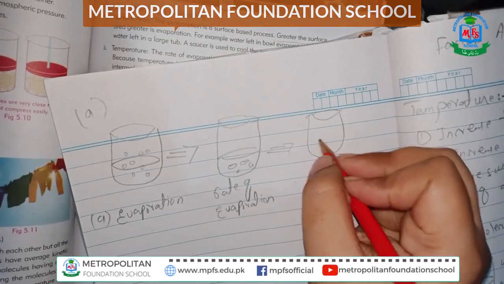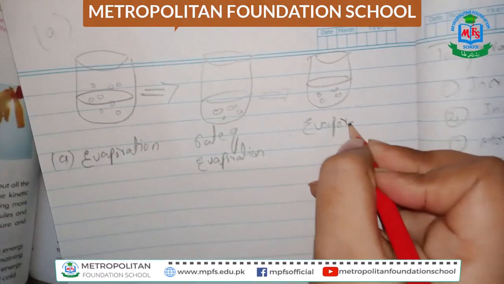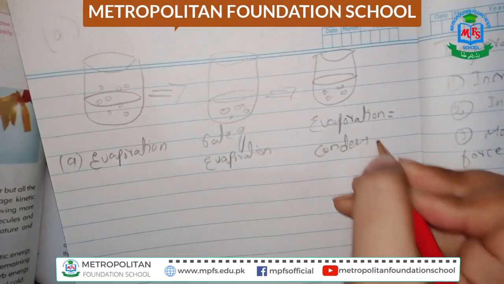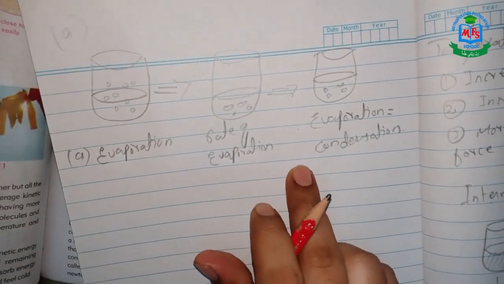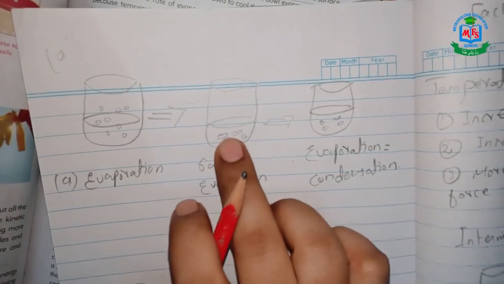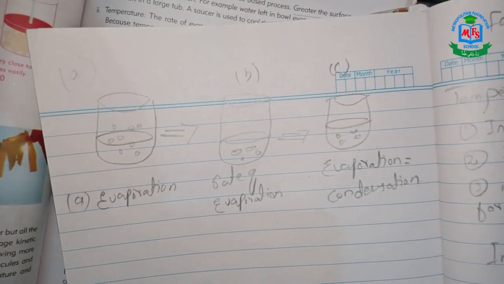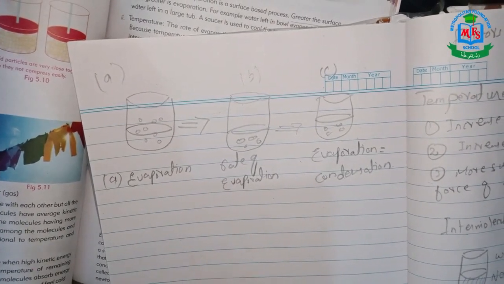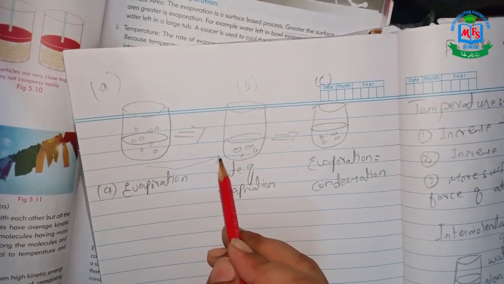The third diagram shows evaporation equal to condensation. Students, the rate of evaporation is greater as compared to the rate of condensation, and we know that evaporation is the change of liquid into the gaseous state.